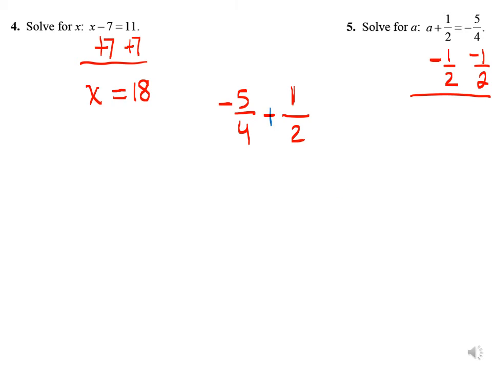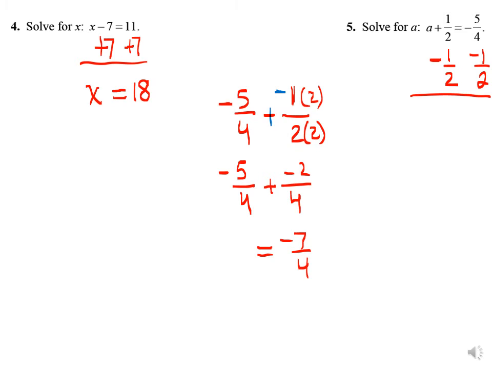All right, let's see. I need a common denominator, which is 4. First of all, I probably want to change it to addition, so then I don't have to change it later here. But yeah, common denominator of 4. That means I have to multiply this guy by 2, this guy by 2. And how about -5/4? Add a -2/4 makes a -7/4.